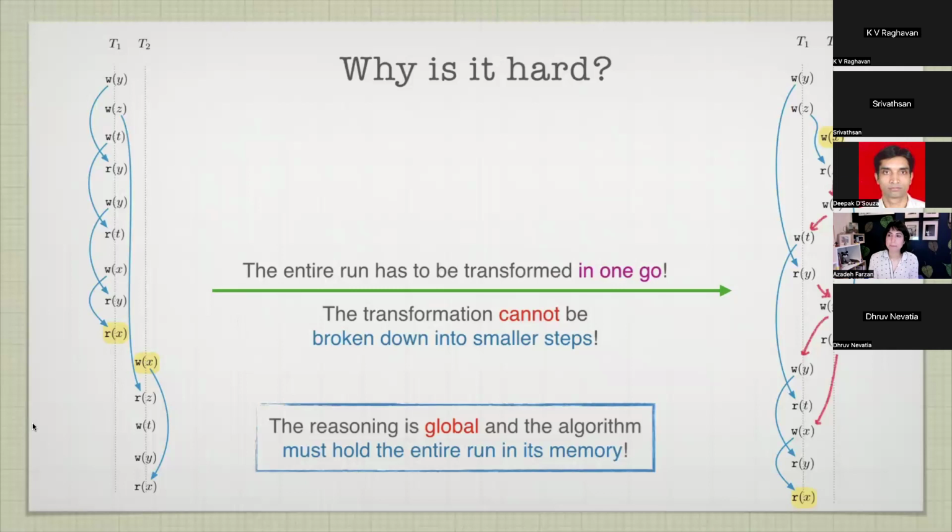So I had an almost related question. Are we assuming that we can observe a total order of the actions across both the threads? We are observing the run as it comes, except that every event has been tagged with the particular thread. I've visually illustrated this for you, but you could really think of this as: T1 does this, T1 does this, T1 does this, and then T2 does this.